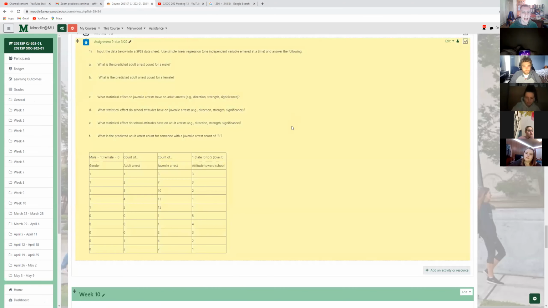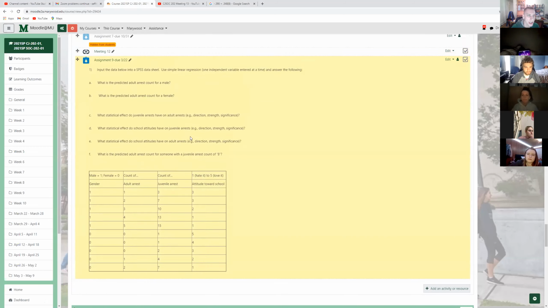Okay, so here, you should be able to see my Moodle screen, looking at the data on the Moodle screen that shows male, female coded 1-0, count of adult arrest, count of juvenile arrest, attitude towards school. If the screen sharing is not working, just let me know.